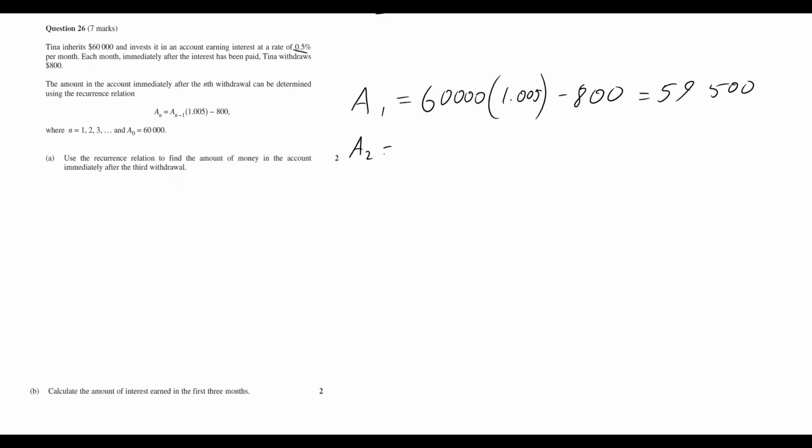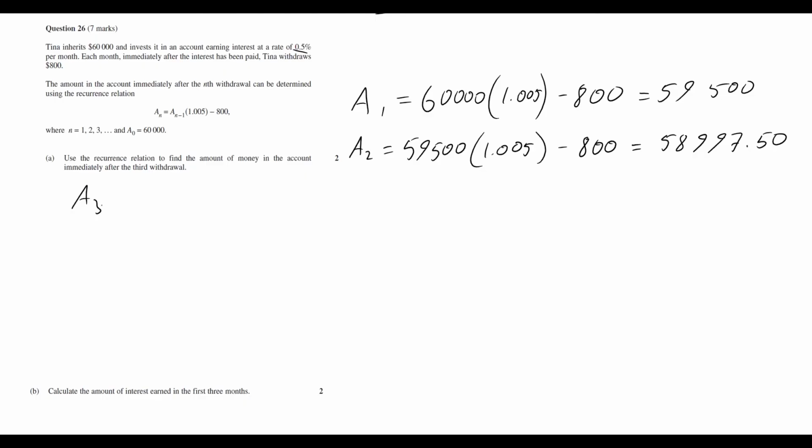Okay, so A2. Well, now instead of having 60,000 out the front, we'll now have 59,500. That's going to be multiplied now by 1.005, and again, minus 800 on the end there. And so now calculating that, we get a value of $58,997.50.